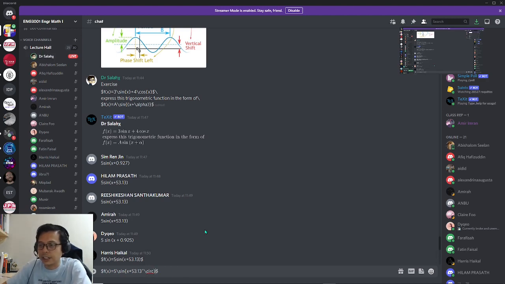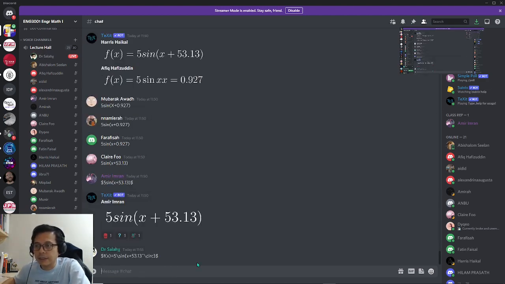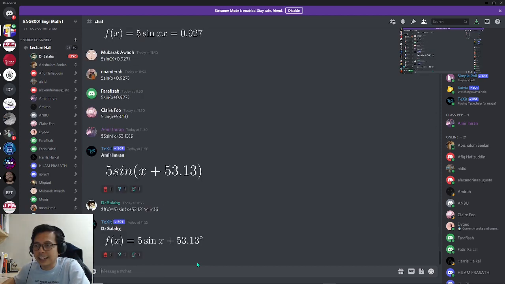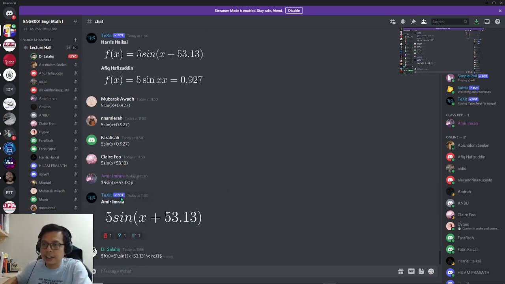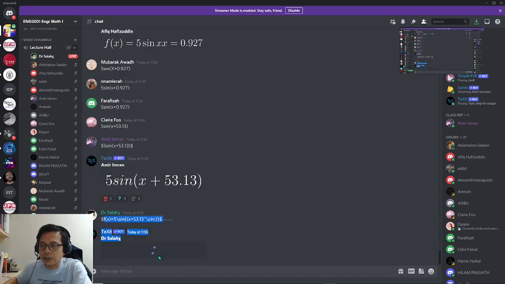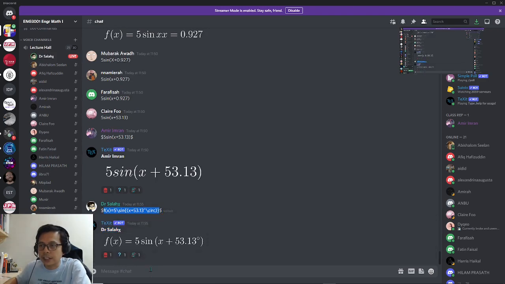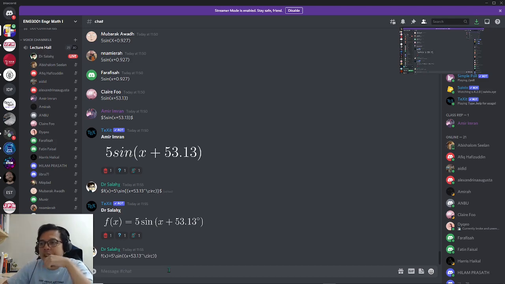And then close bracket. Ta-da! This is my LaTeX code. So it's clearer if you don't put degree there, otherwise I will just assume it's radian.